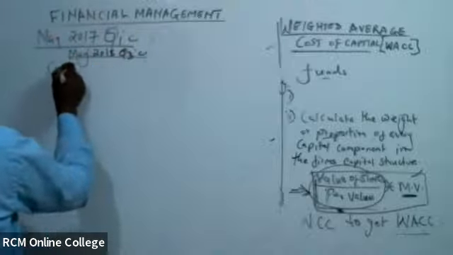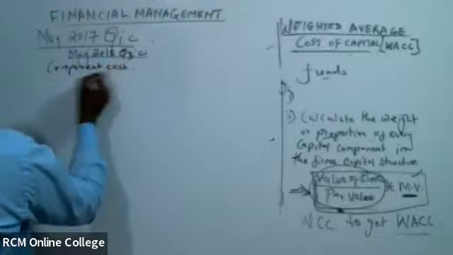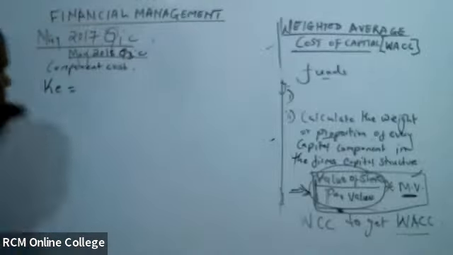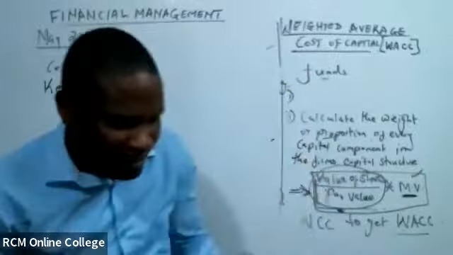Give me the first component cost. The first component cost is KE. How do I get KE, class? I have a formula of getting KE. It is 3B.